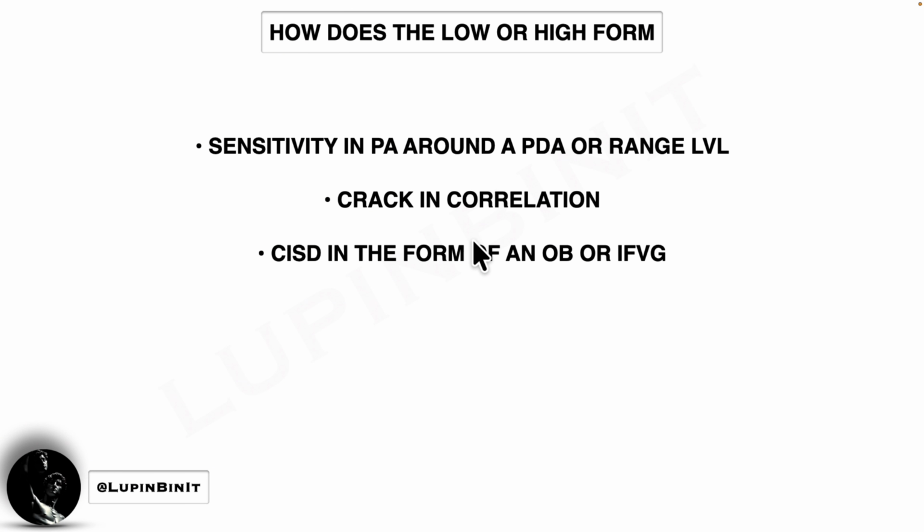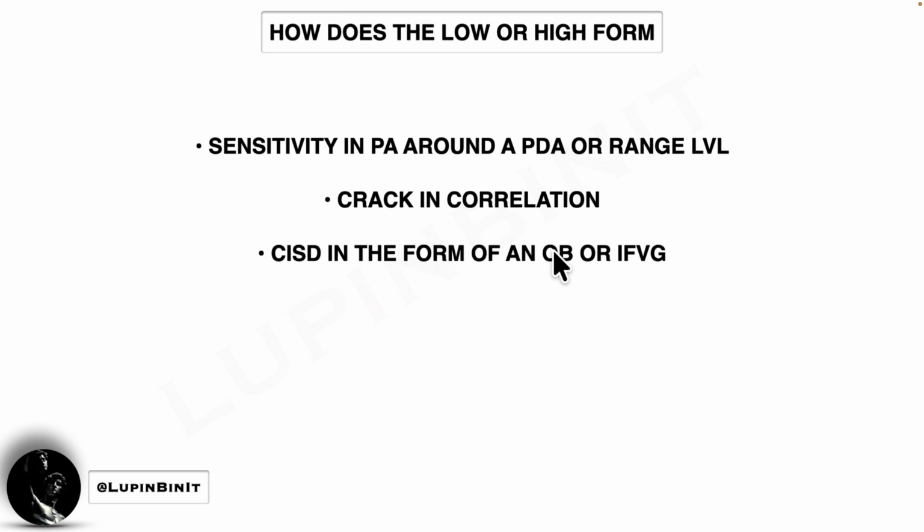You then have cracking correlations, which I won't touch on too heavy as market maker models have to be introduced to the series. And then you have your CISD, being a change in state in delivery, in the formation of an order block or an inversion fair value gap. Now, sometimes when we're anticipating for that point of inception, we are framing an open low high close.